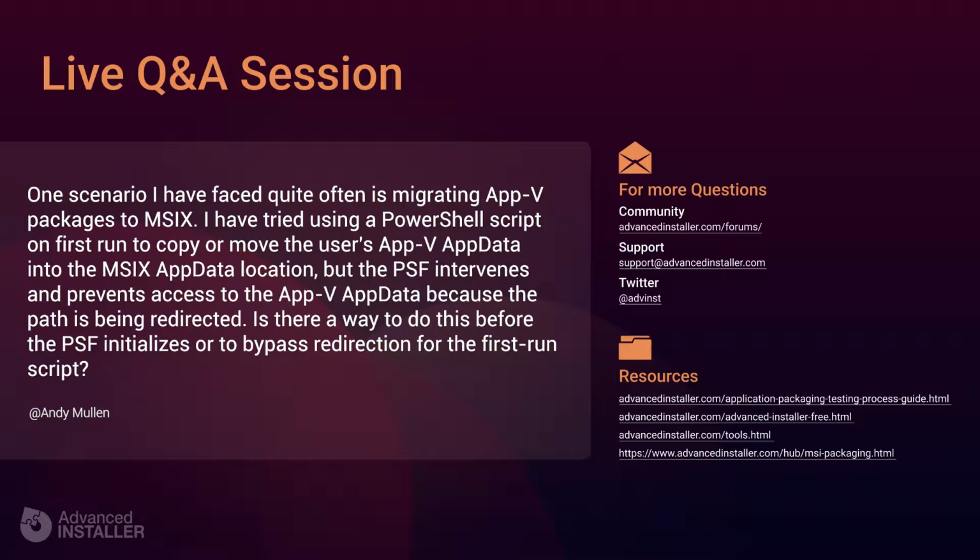But in our case, first of all, we don't use scripts to do this copying. We do it all from C++ code inside our own launcher. But in my example, where I show you how to do it with the Microsoft packaging tool, it was something done with PowerShell scripts, if I remember correctly. You should find the samples in our user guide article linked here.